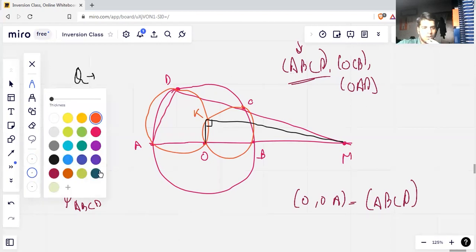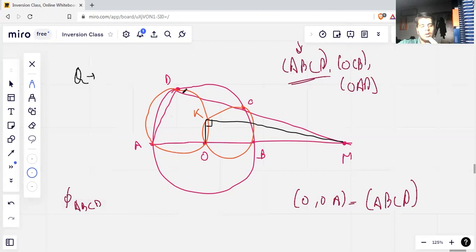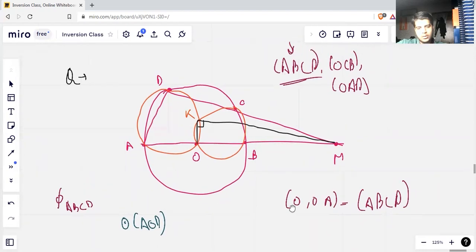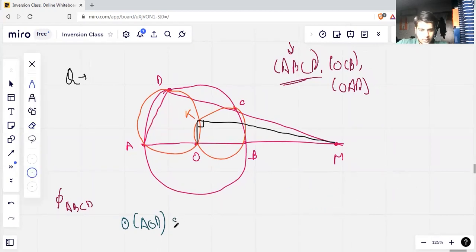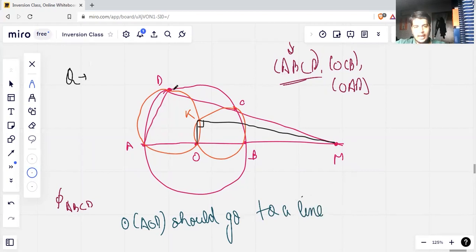So how do the points look? Now this circle AOD should go to a line. A and D lie on this orange circle, so A goes to A, D goes to D, right?